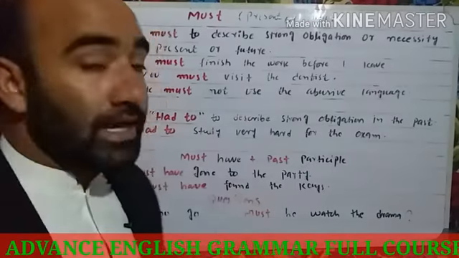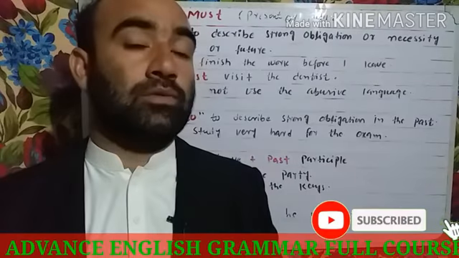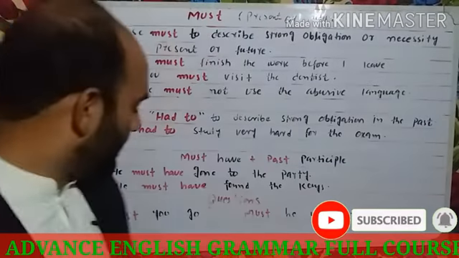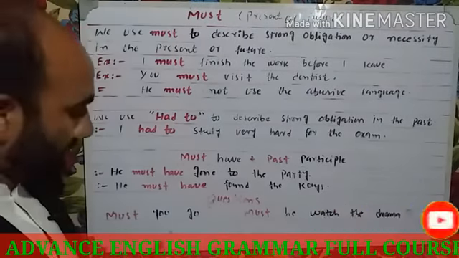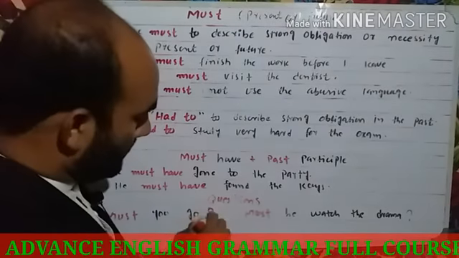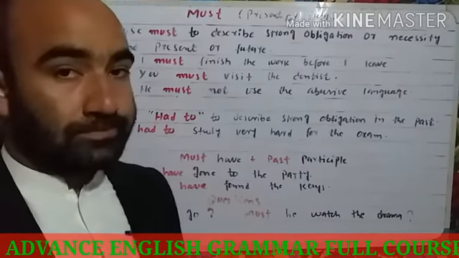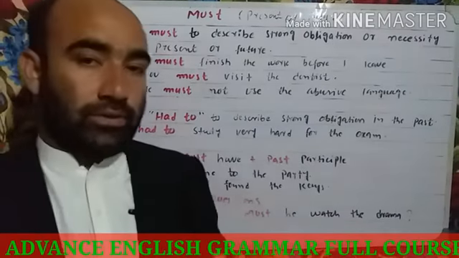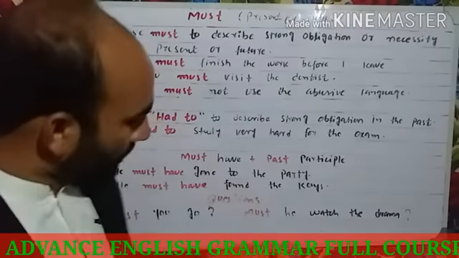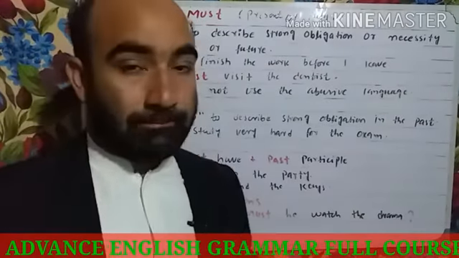Now how can we make a question using the modal verb must? Let's see. Must you go? Sign of interrogation. Must you go? But usually we don't use this. Okay? Must he watch the drama?